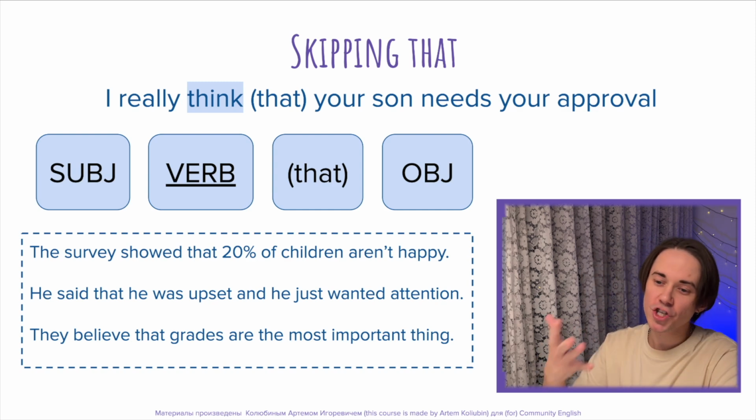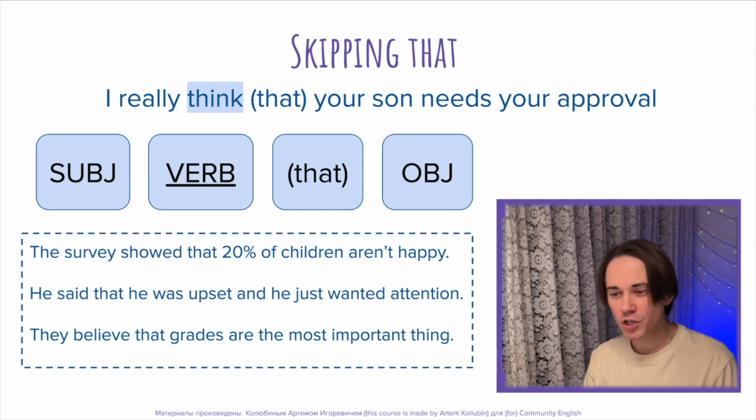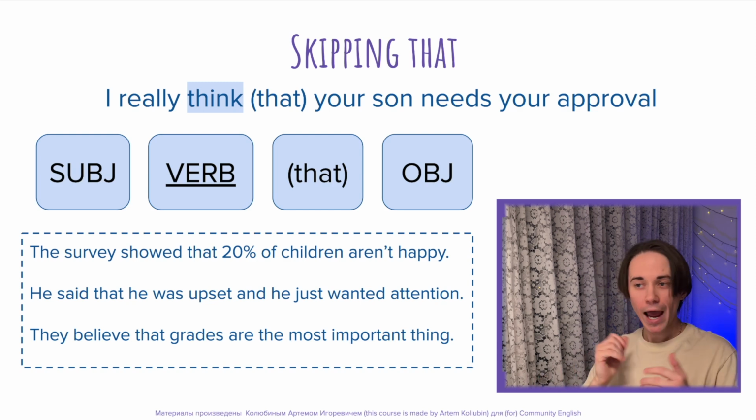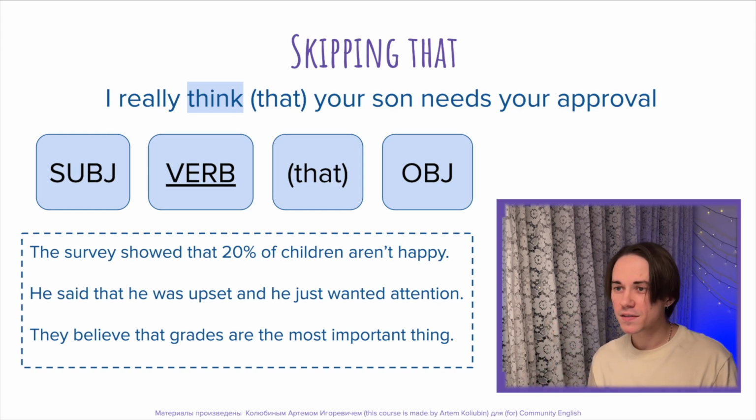So the survey showed that 20% of children aren't happy. Great. The survey showed 20% of children aren't happy. So now you try it for yourself, read the rest of the sentences, try to feel the structure, right? Try to skip that and feel the rhythm of the sentence just as well, okay?